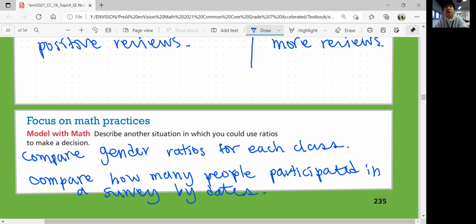So maybe you do the same survey for each year, but you could also make a ratio of how many people participated, or how many people answered yes or no. It depends on the survey questions, but you could use a lot of ratios for surveys, right? That's what surveys are all about.